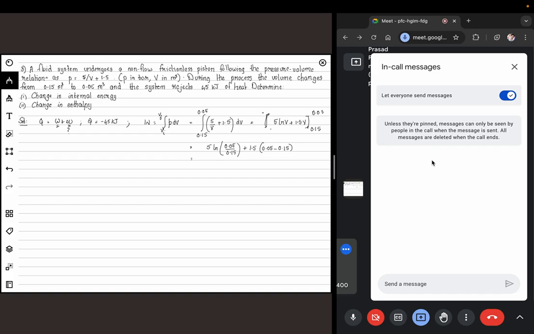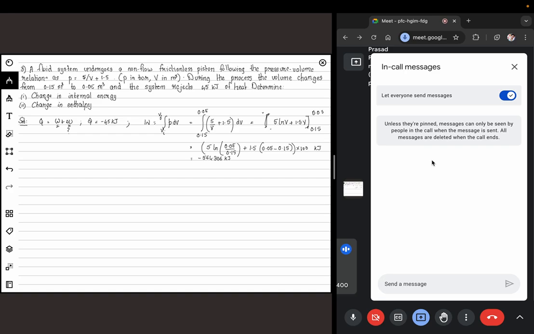Just to be consistent with the units, volume is in cubic meters and pressure is specified in bar. So whatever I get here, if I multiply by 100, it gets converted into kilojoules. That gives me a value of minus 564.306 kilojoules.